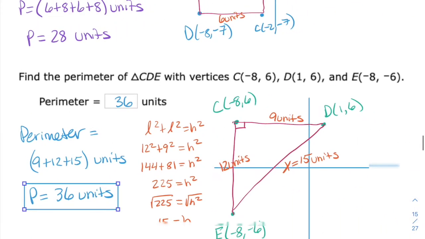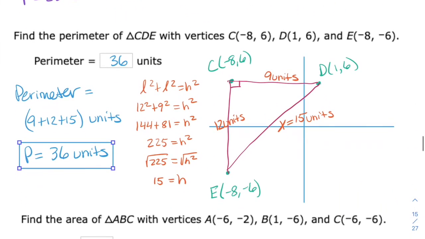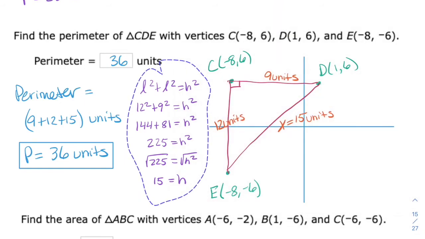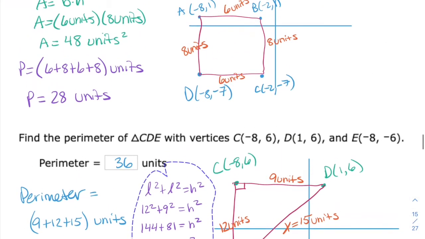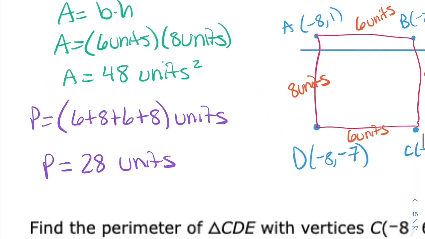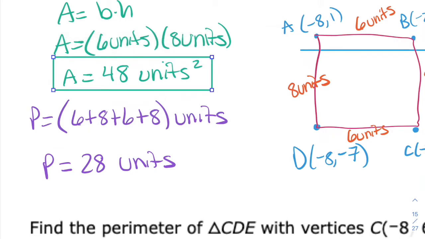We just had to do the Pythagorean theorem for that. Okay, and I will leave that theorem in purple. There we go. All right, let me throw these in boxes as well, and then we have one last one, and we'll call it a day. And you can do your IXL practice problems.